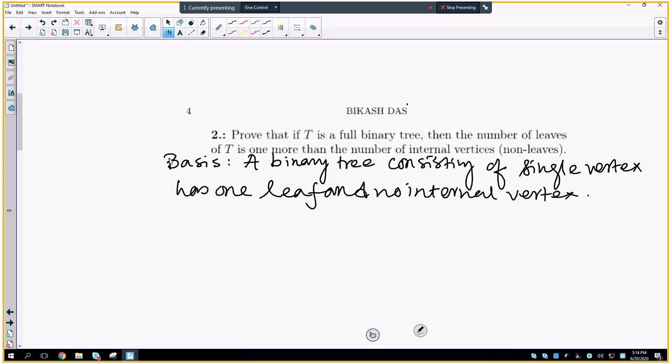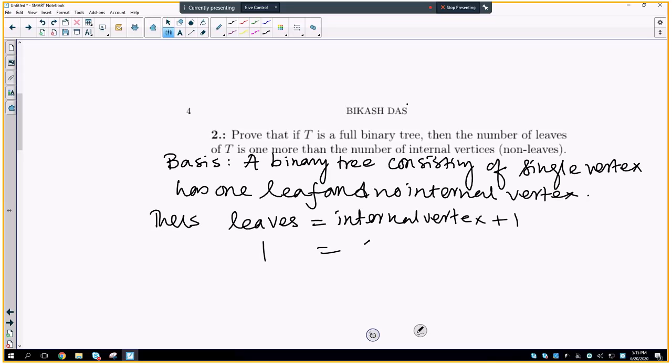And hence in this situation, the number of leaves is equal to the number of internal vertices plus 1, as this one is 1, this is 0, that's 1. So the basis of the induction is good.